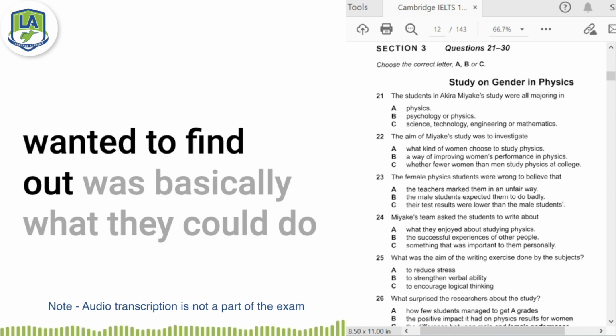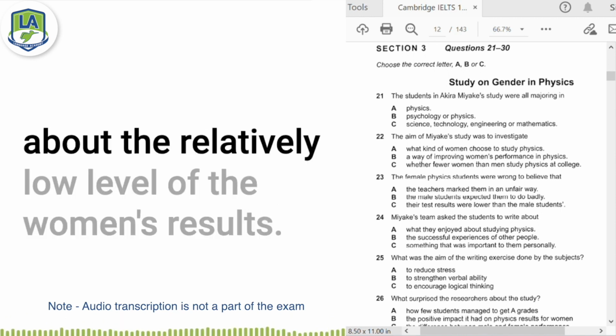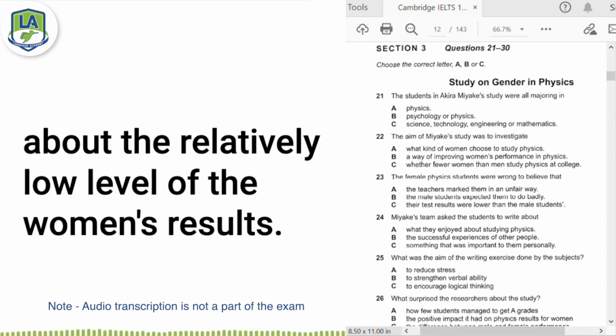But we'll still listen to the audio if there are any changes. It was basically what they could do about the relatively low level of the women's results. That's it. Now they're talking about the solution, how they can actually do it. So B will be the right answer. Why? Because they wanted to find out how they can improve the performance of women in physics.